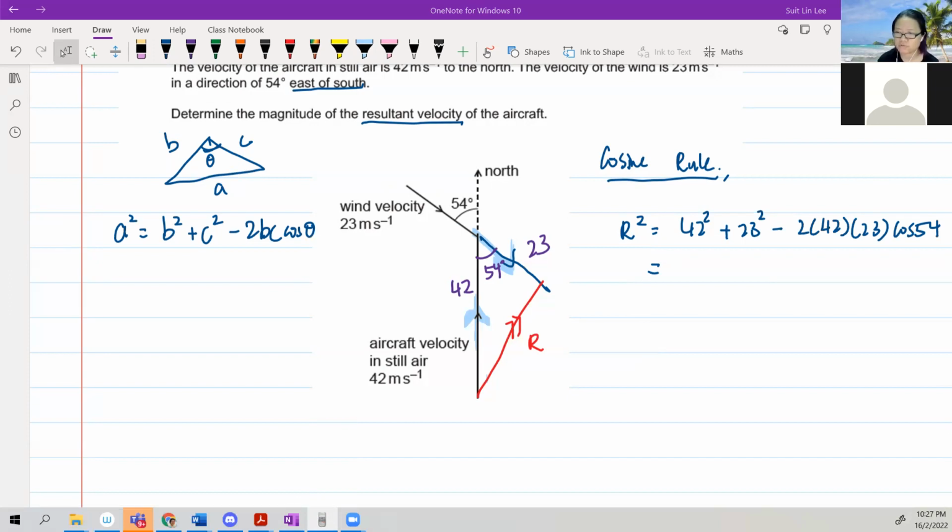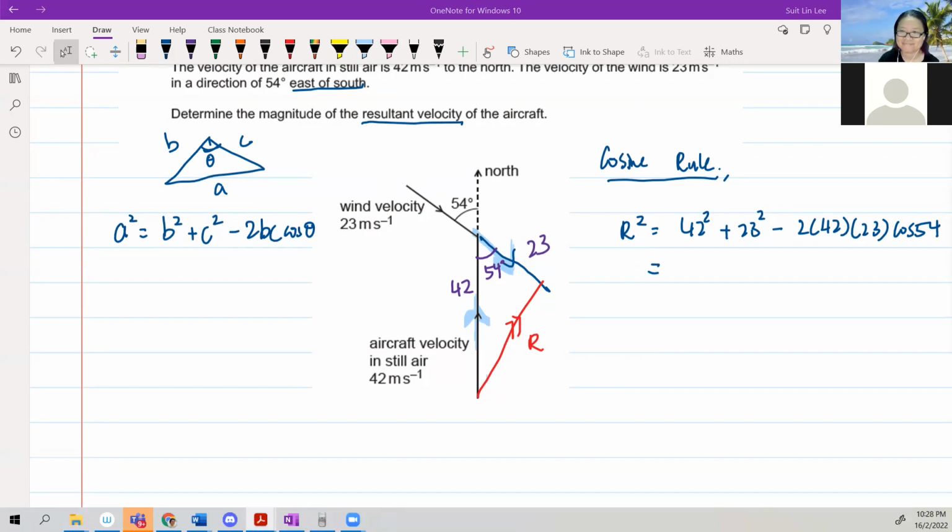It's cos 54. All right. 42 square, 23 square, minus 2BC cos 54. It's okay to have a preferred method.